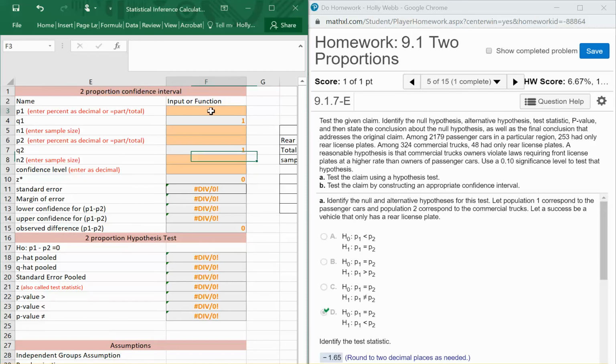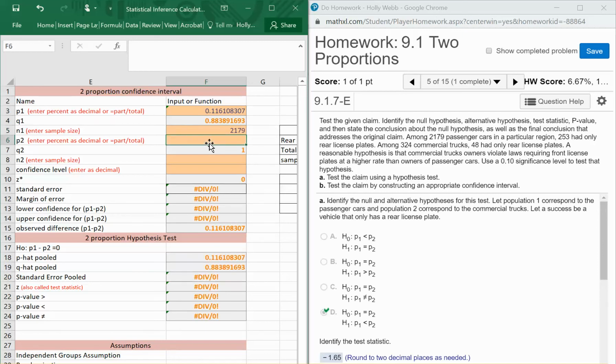Okay, so P1 is the cars, so that's going to be 253 over 2,179, and our N1 is the total number of cars, 2,179.